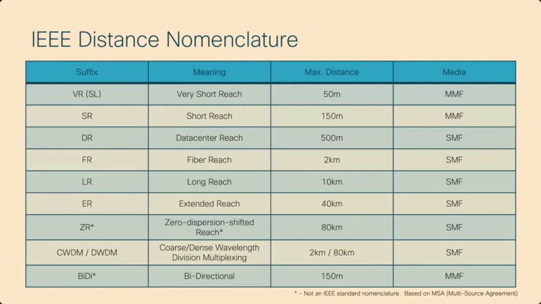Regarding those letters at the end of the name of the standard, when you come down to the optical standards, the suffix is usually based on the reach of the fiber and the signal within the fiber. You start out with what's called very short reach, which is a relatively new standard for the IEEE.